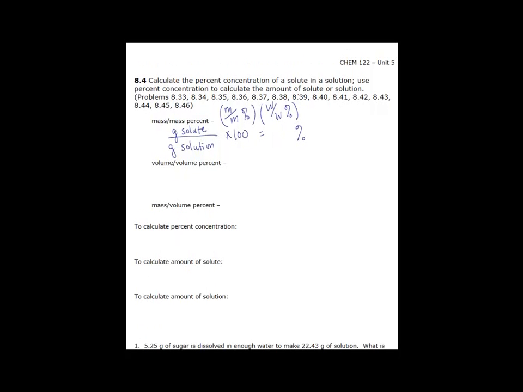Now mass percentage is commonly abbreviated M/M percent. So if you see M/M percent, that means mass percent. Older textbooks and terminology use weight percent. It's the same. It's still grams of solute over grams of solution. Now, let's revisit what a solution is made up of.